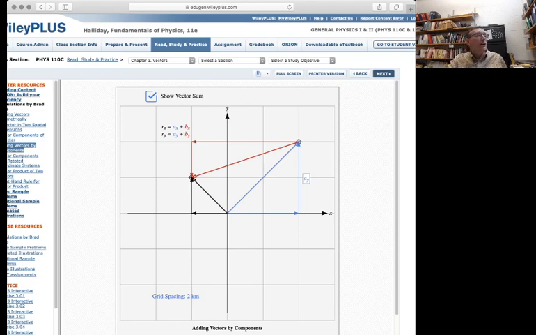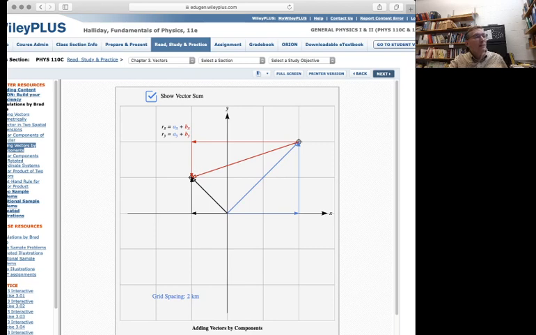All right, now what's B sub y? Did you say negative 2 kilometers? Now, take A sub y plus B sub y. What do you get? 4 kilometers plus negative 2 kilometers is positive 2 kilometers. So that's AY plus BY.